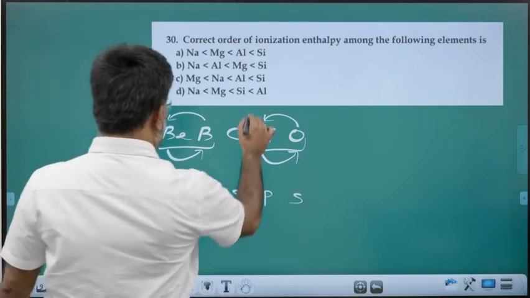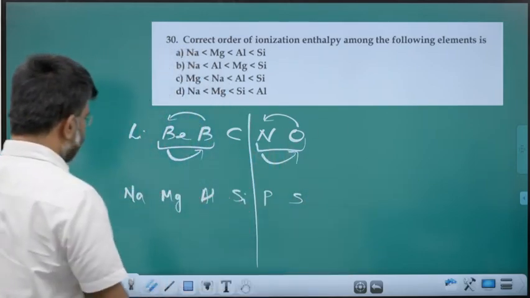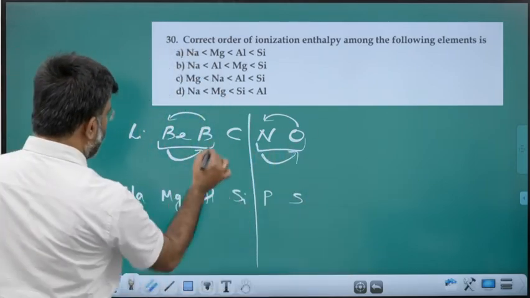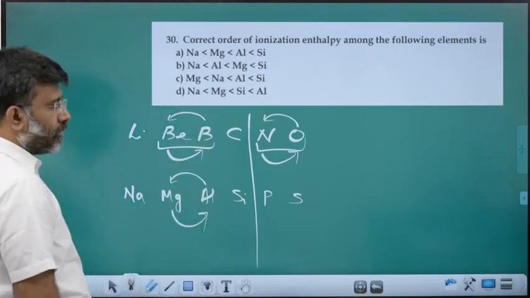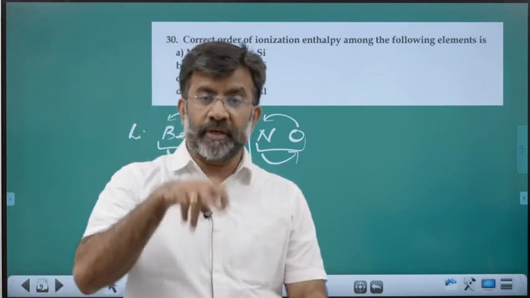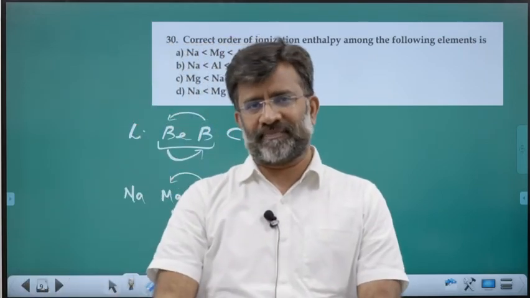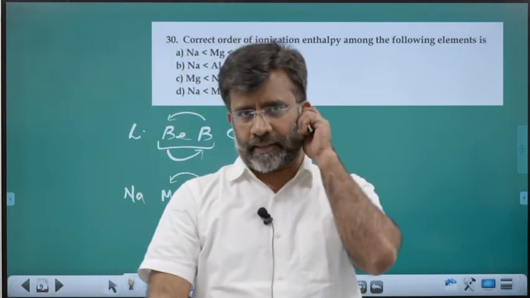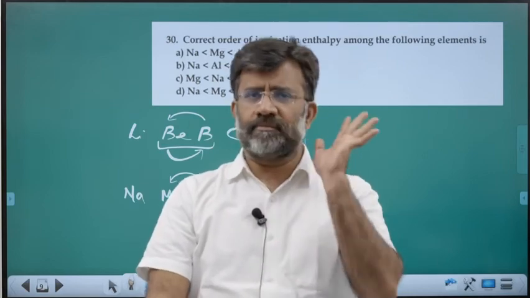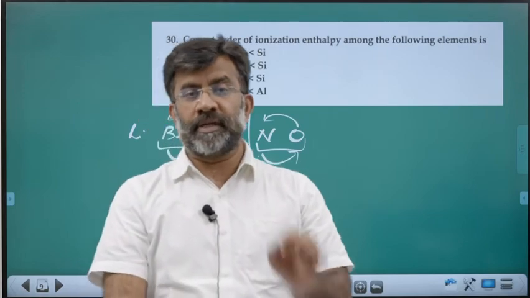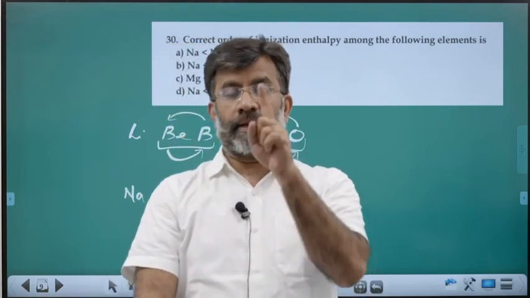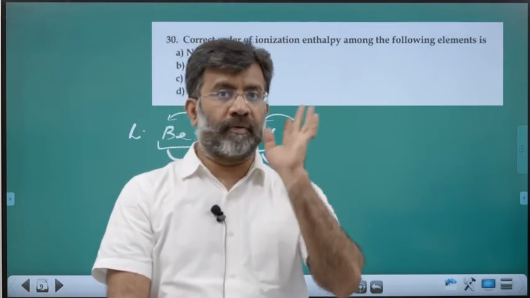Like the abnormality there, there will be an abnormality here. Aluminium will be less than magnesium; magnesium will be slightly greater. The reason is quite the same: in magnesium it is s2 configuration, in aluminium it is s2p1 configuration.